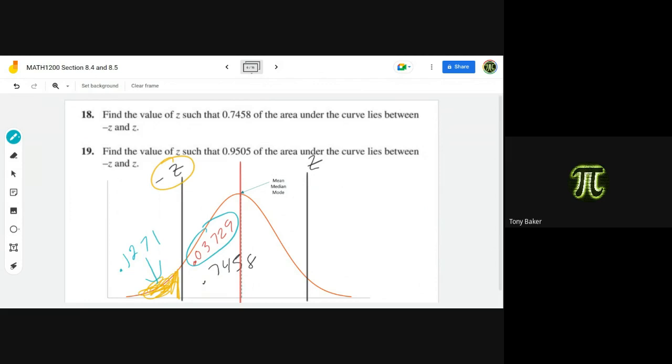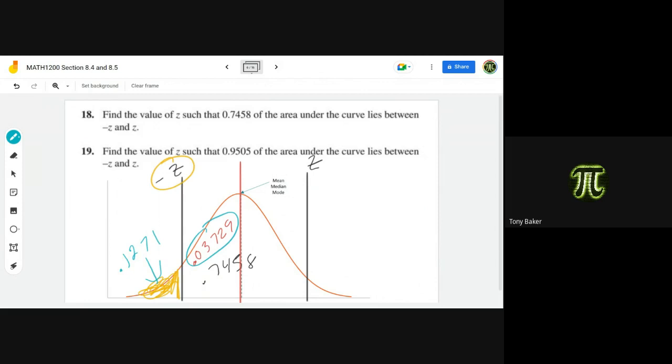Oh, hold up. Okay, I mathed wrong. Wait a minute. You could do this one of two ways. You could have taken this away from 1 and then divided that number in half. I'm doing it on the calculator and I'm not getting that. So you take 0.5 minus 0.3729.